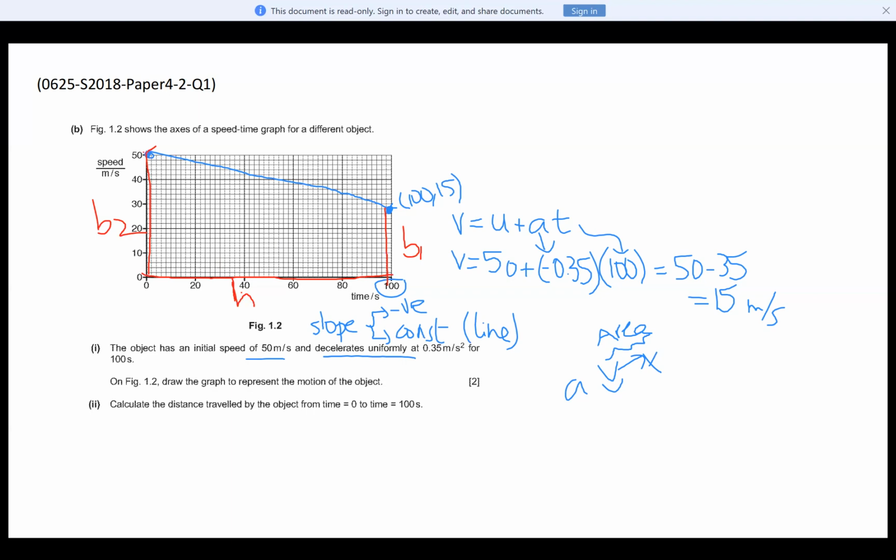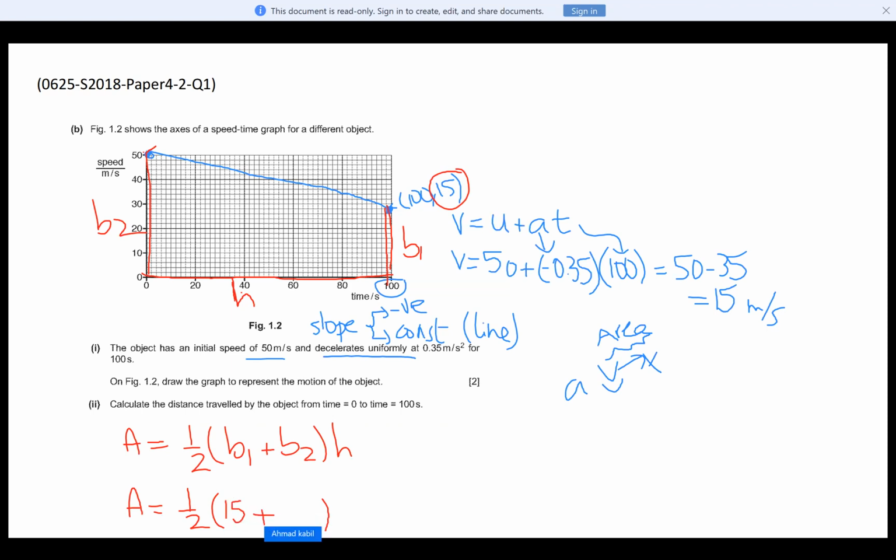So let's write down the formula again. The distance is the area. The area is half B1 plus B2 times H. And then let's proceed to substitute each value in the equation. So B1 is the height of this line here, which is 15. So we put 15 for B1.